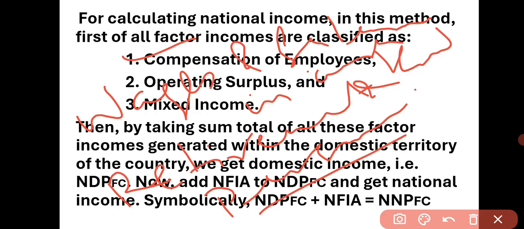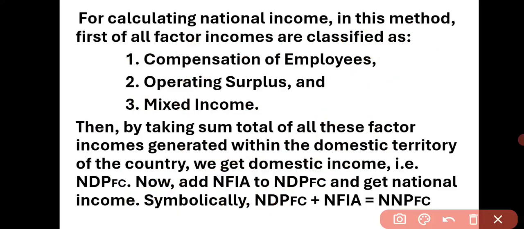They are not included in national income, but retirement pensions are included in national income. So, compensation of employees includes wages and salaries, payment in kind, employees' contribution to social security, then pension on retirement.